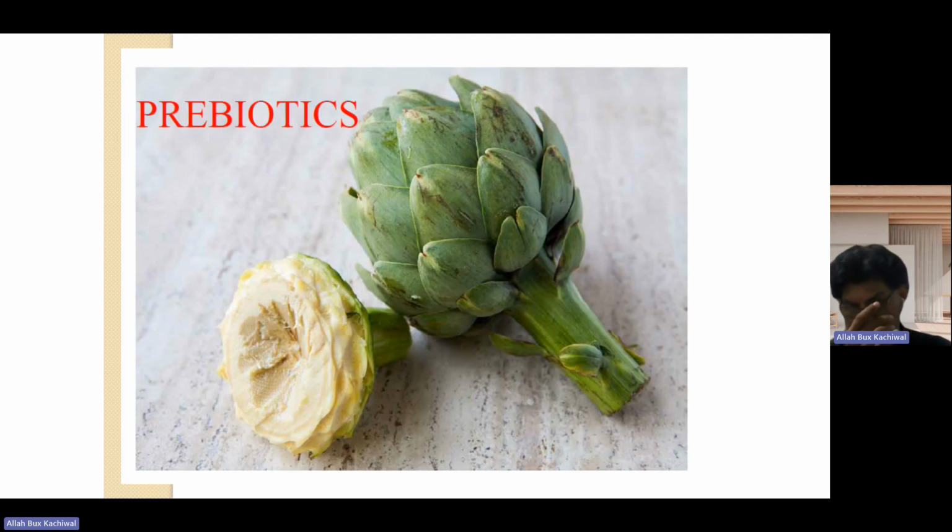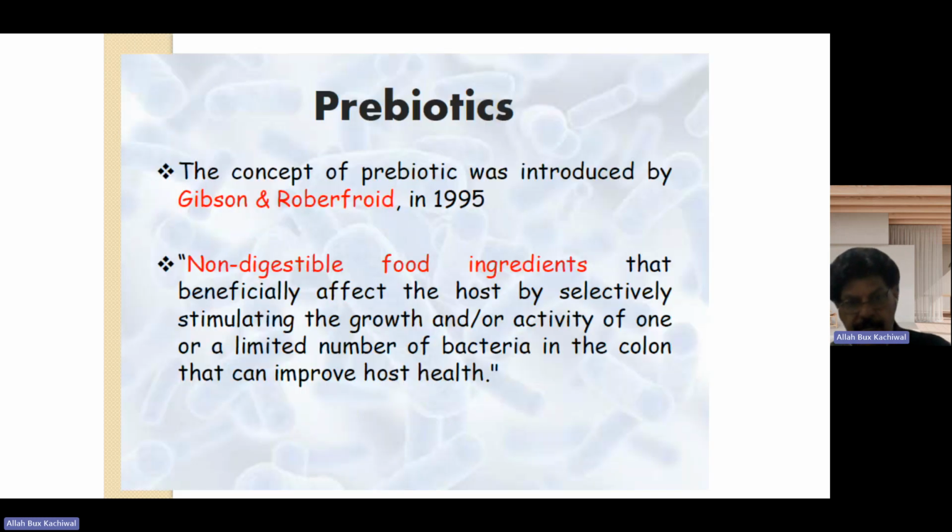The concept of the prebiotic was introduced by Gibson and Roberfroid in 1995. The non-digestible food ingredients that beneficially affect the host by selectively stimulating the growth and activity of one or a limited number of bacteria in the colon that can improve the host health is known as a prebiotic.